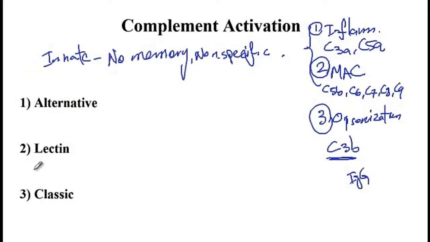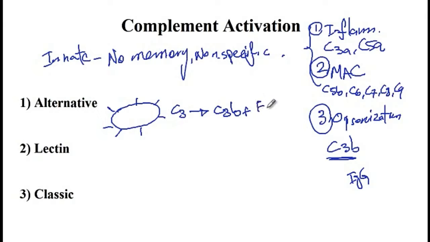So there are three mechanisms through which the complement pathway can become activated. In the alternative pathway, the surface of the pathogen will interact with the C3 molecule, and then it will cause it to form the C3b, which will later on interact with factor B to form C3 convertase.